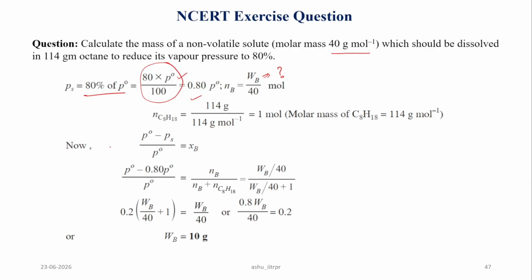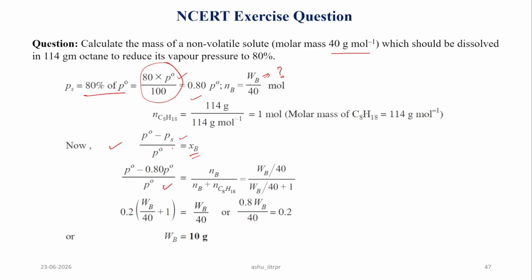From the Raoult's law expression, we know that the relative lowering of vapor pressure is equal to the mole fraction of the solute. And what is Ps? Ps, we have calculated, the vapor pressure of the solution is 0.8 times the original pressure.